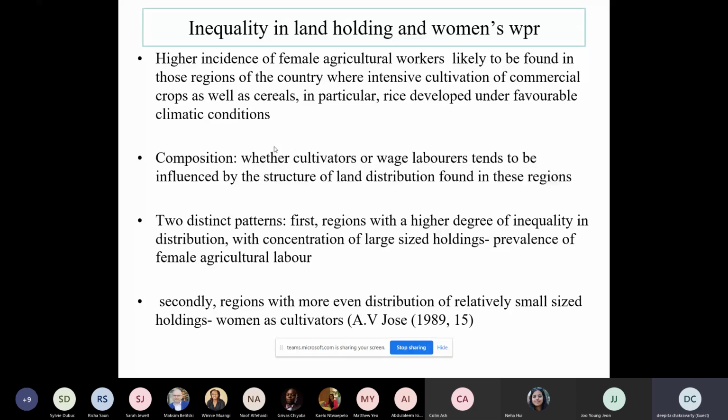So a peasant woman is much more likely to be a cultivator in such a situation. All right. So with this idea in mind, I started looking at the data afresh. I started looking at the landholding pattern more closely.